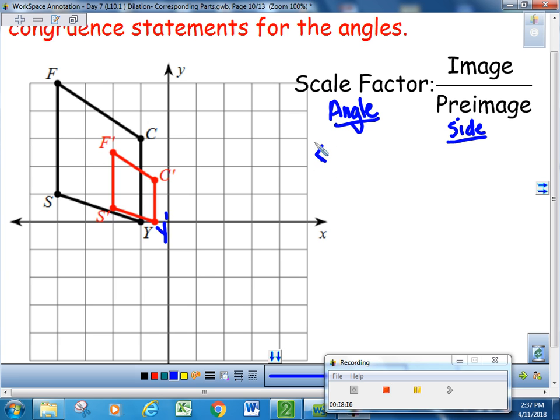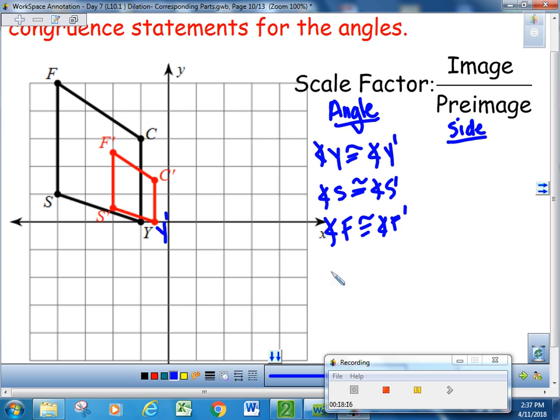Angle Y is congruent to angle Y prime. Angle S is congruent to angle S prime. Angle F is congruent to angle F prime. And angle C is congruent to angle C prime.